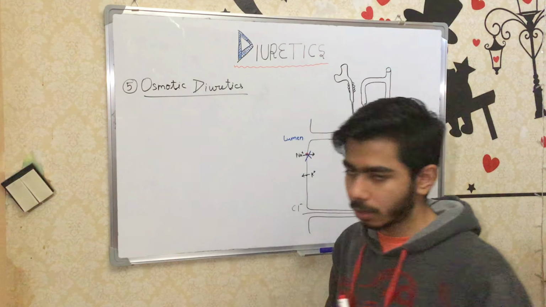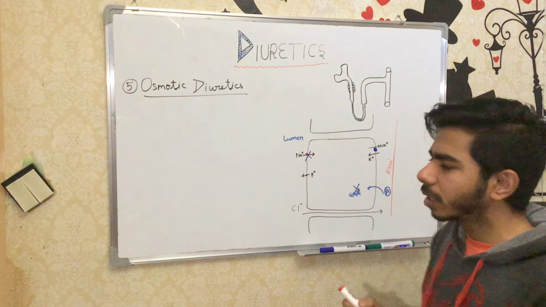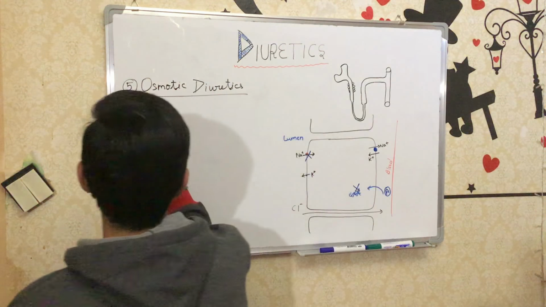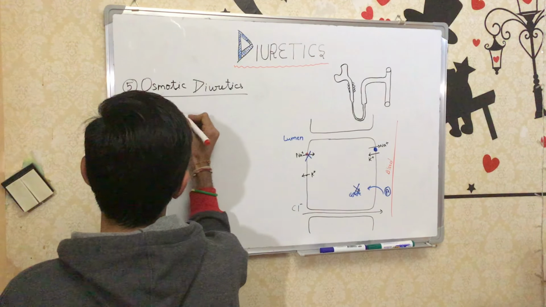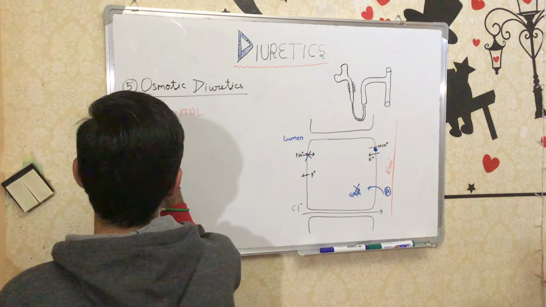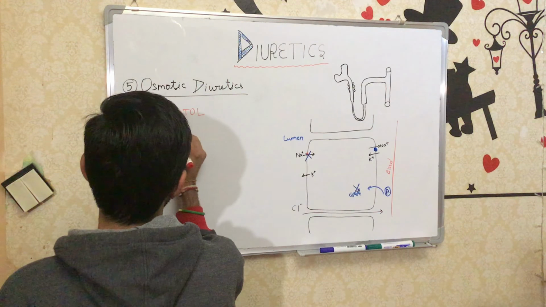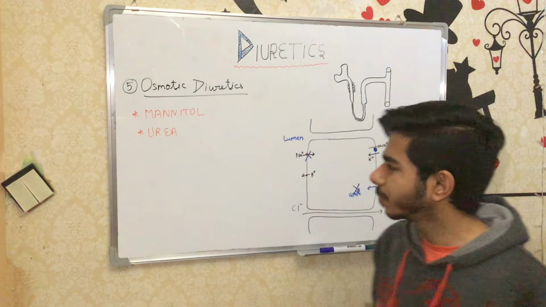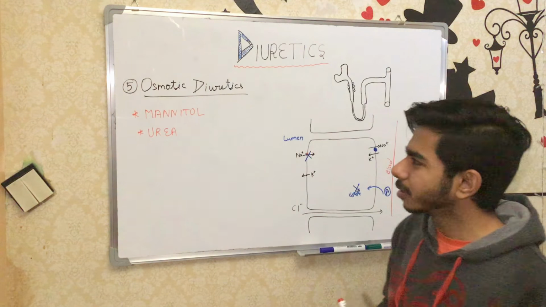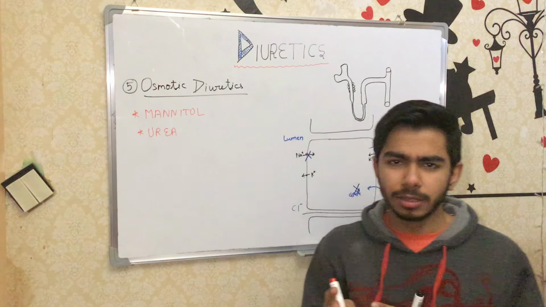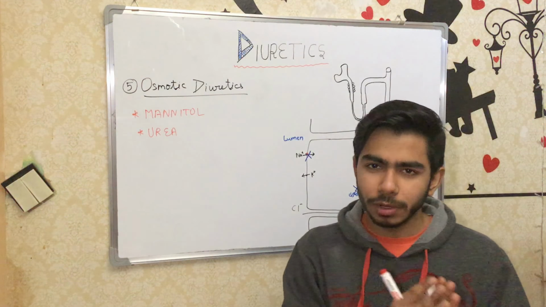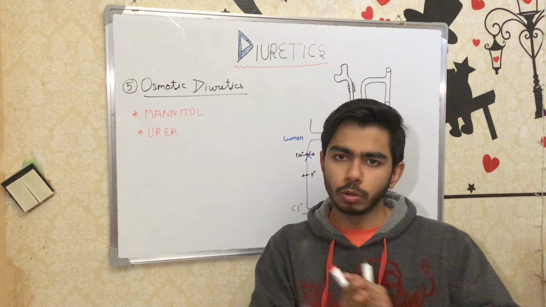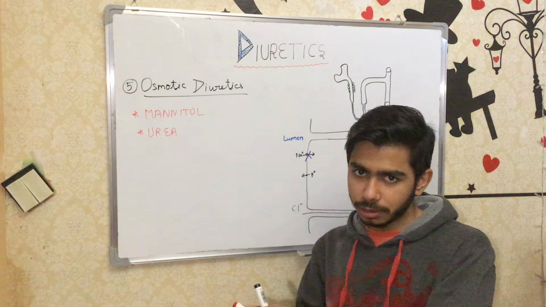Osmotic diuretics. Mannitol and urea are generally used as drugs. Mannitol, urea can be used as the osmotic diuretics. Now how they work, they just simply follow the osmosis rule, that from the lower concentration water tends to go into the higher concentration.